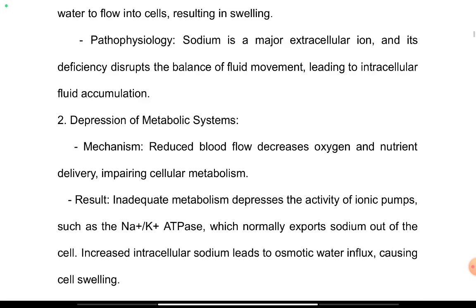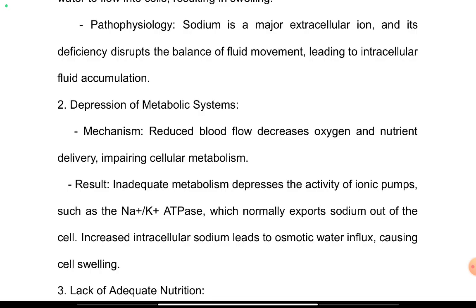Another way this imbalance could occur is when there's reduced blood flow. The ATP system is not working, and there will be sodium accumulation within the cell. You know that ATP is responsible for driving sodium out of the cell into the extracellular space.